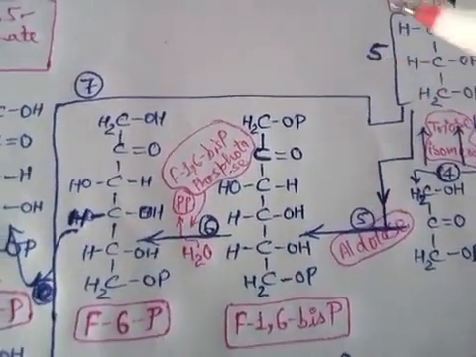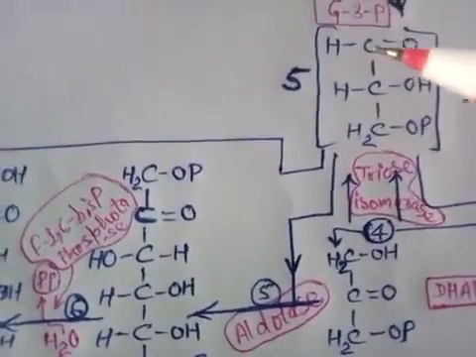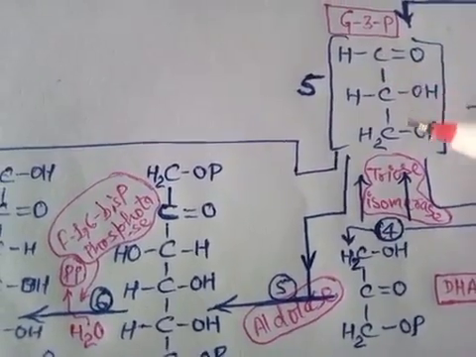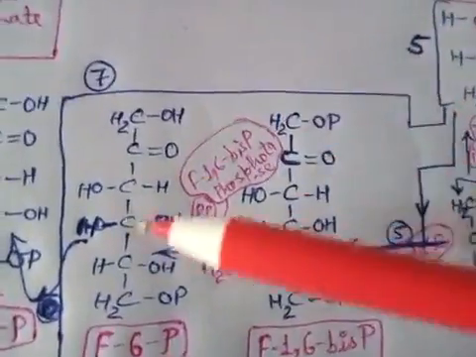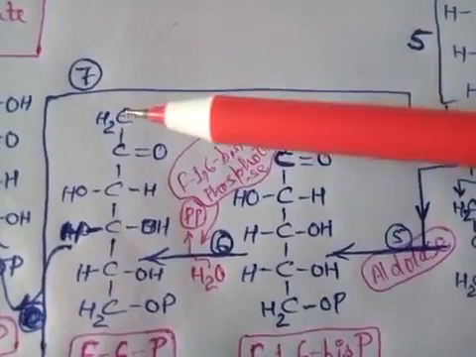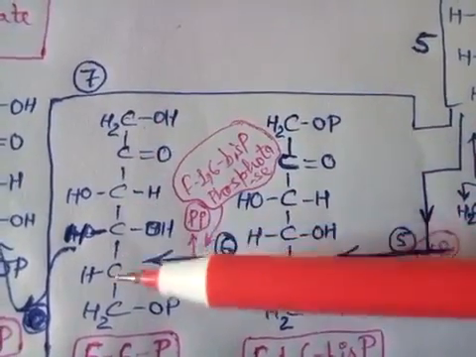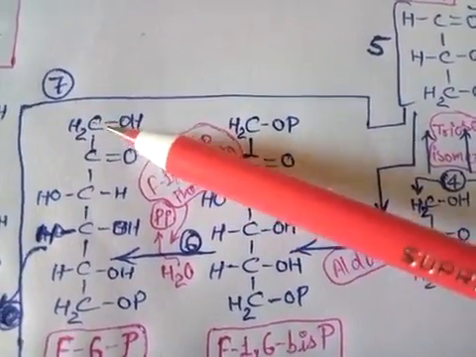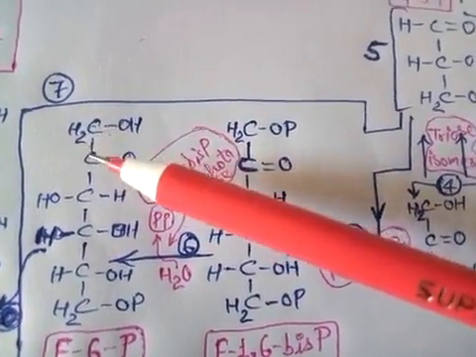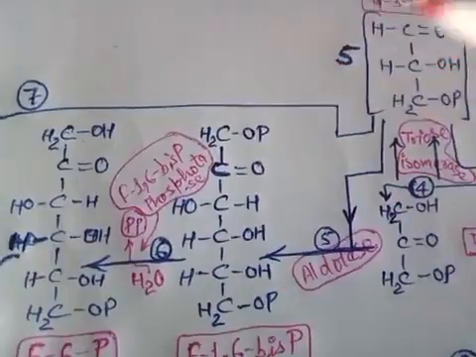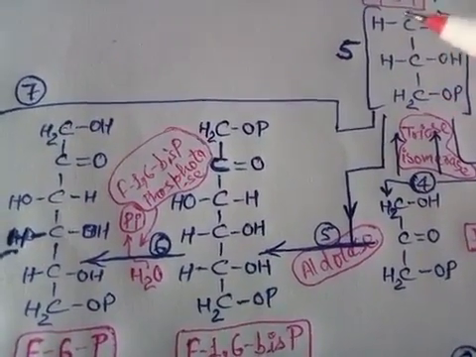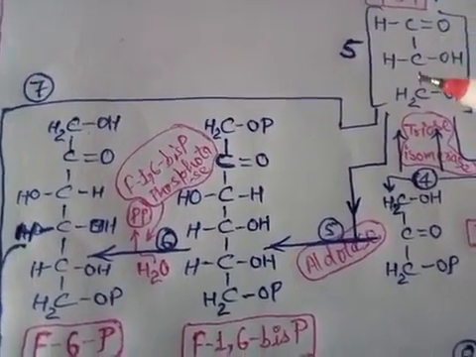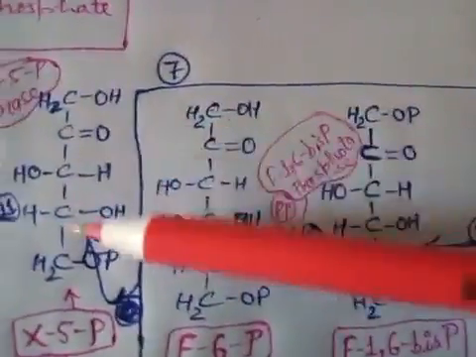How is it converted? So let's see. These are the molecules of glyceraldehyde 3-phosphate, 1, 2 and 3 with 3 carbons, whereas this is the fructose 6-phosphate with 6 carbons, 1, 2, 3, 4, 5, 6. The first 2 carbons, number 1 and number 2, attach with these 1, 2, 3 carbons and become a 5 carbon molecule, that is xylulose 5-phosphate.